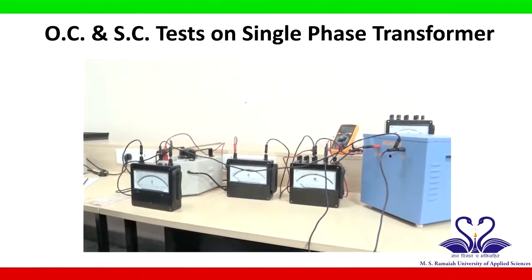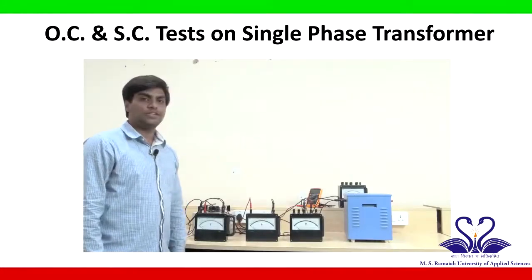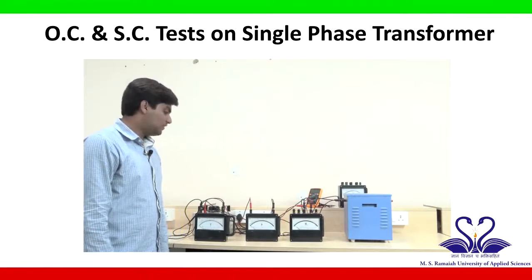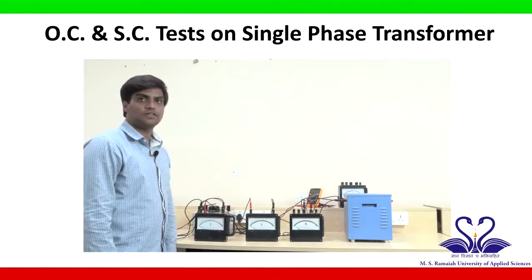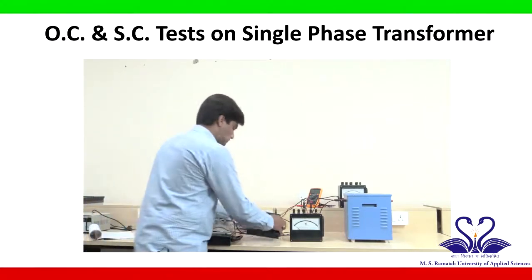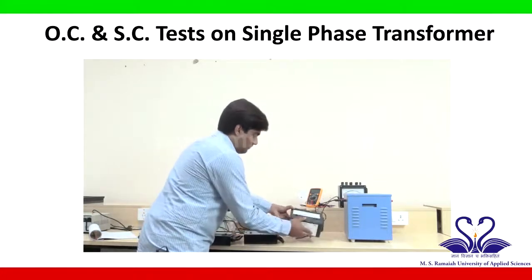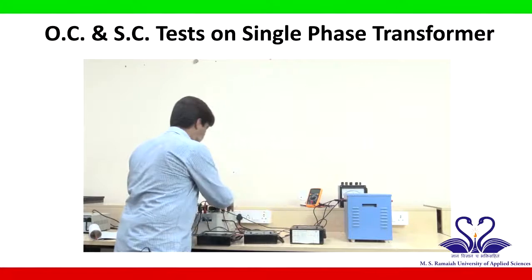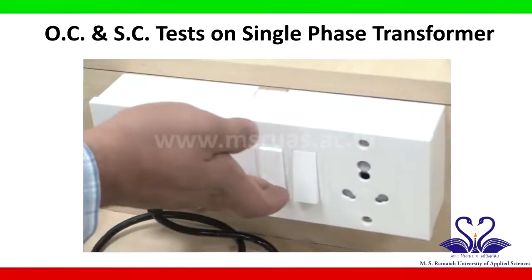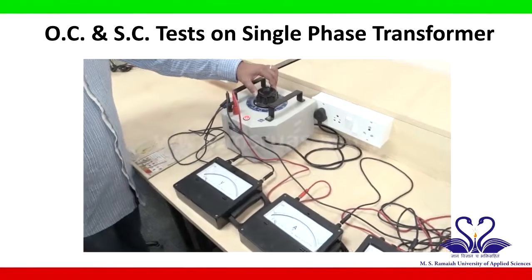This completes the circuit for the open circuit test. We need to apply rated voltage to conduct the open circuit test. To conduct the experiment, we will place all the meters horizontally. Turn on the power supply. Make sure the auto transformer is in the minimum position.